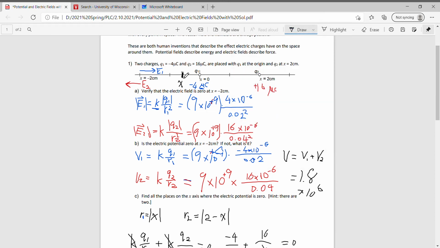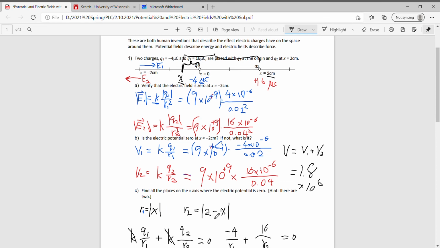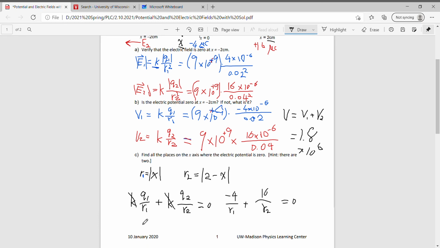R1 is from here to here, so it's the absolute value of x. R2 is from here to here, and it will be the absolute value of 2 minus x. So this is R1, this is R2, and we write them as K times Q1 over R1 for V1 and K times Q2 over R2 for V2.